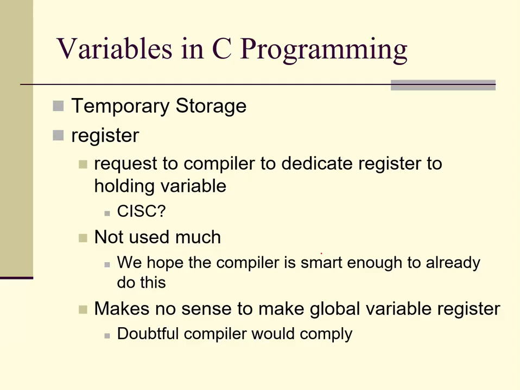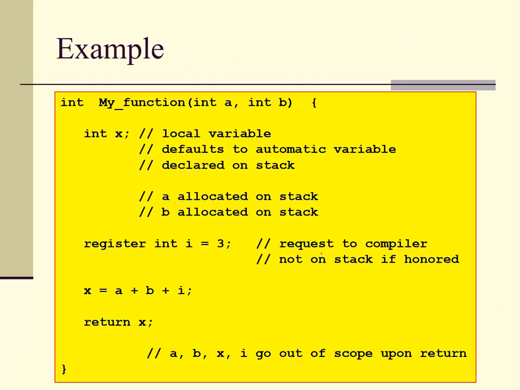And once again, it makes no sense to make a global value a register value. It's doubtful the compiler would even let you, but even if it let you, it wouldn't comply with that one. So here's the function here. The return value is an int. These are the parameters, the formal parameters.